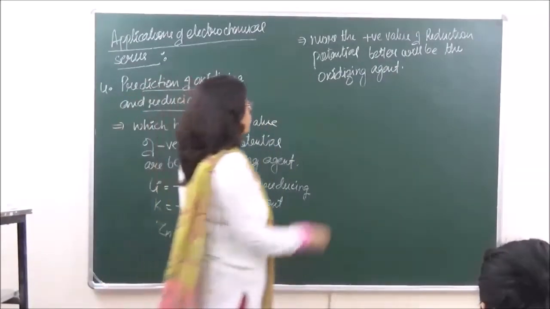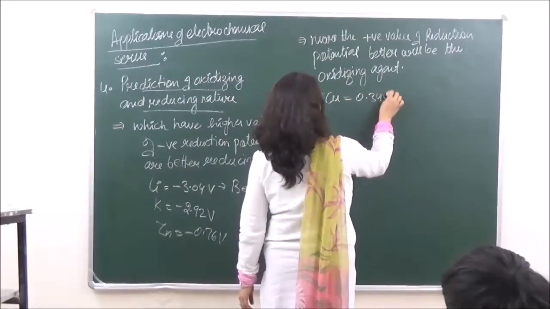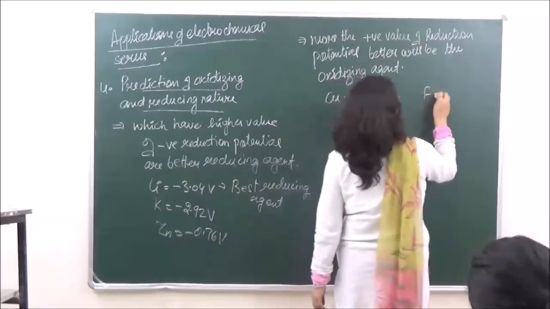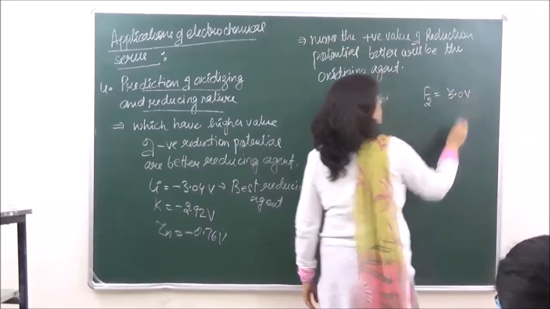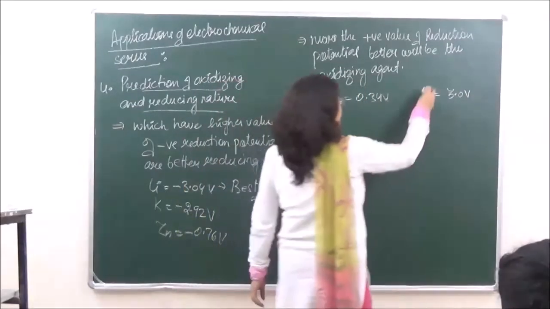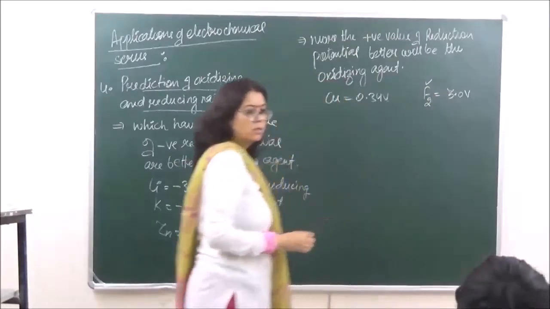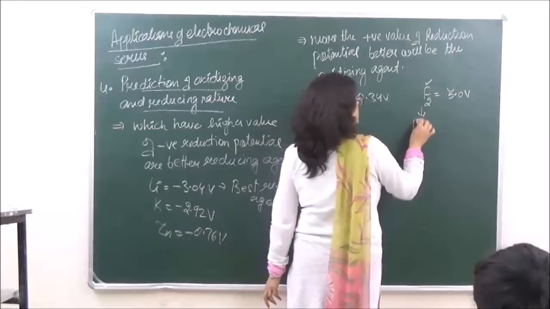So if we are comparing copper with a value of 0.34 volt and fluorine with the value of 3.0 volt, fluorine is going to be a better oxidizing agent. In fact, fluorine is the best oxidizing agent.